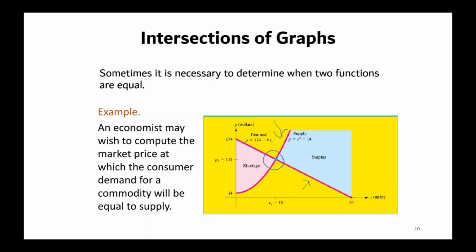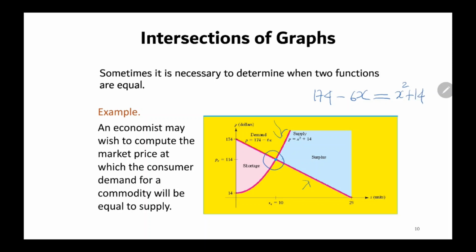How do you find it? You just have to set these two functions equal. For example, here the demand function is 174 minus 6x, and you make it equal to the supply function, which is x squared plus 14.